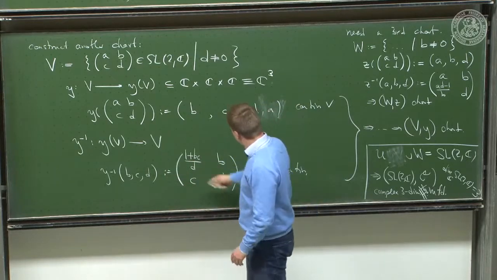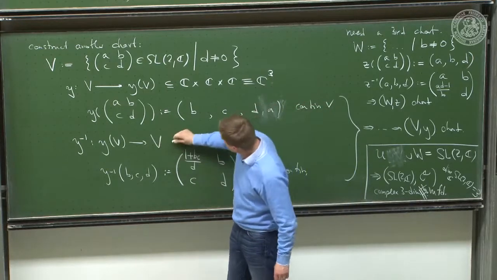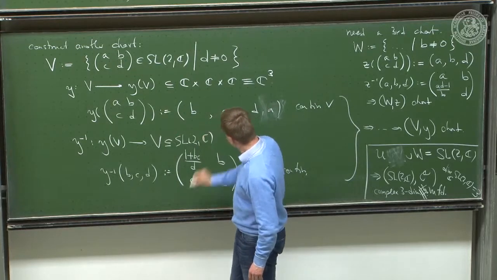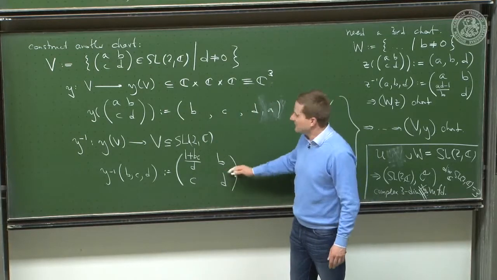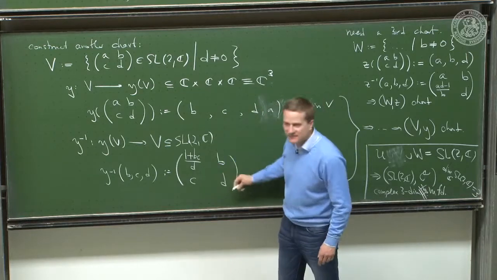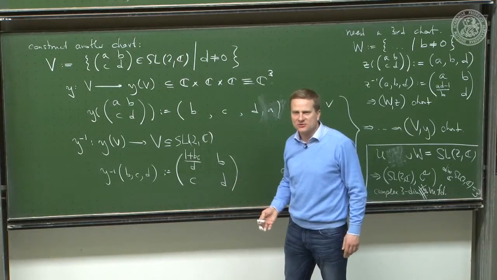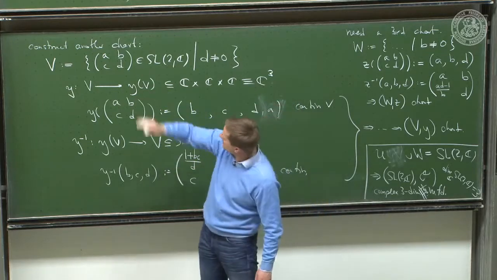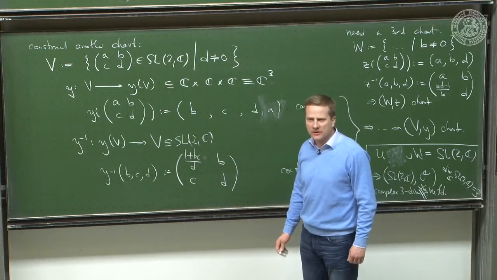So in principle, once you did this, you have to check whether you are in SL2 C, because you're claiming you go back to V, and V is a subset of SL2 C. You need to check this here. And it will fail if you just choose any A, or you mix up the A. So it's indeed this bijection property that is lost, because this map doesn't know about it. This map only knows about this restriction by encoding it explicitly here. Okay?